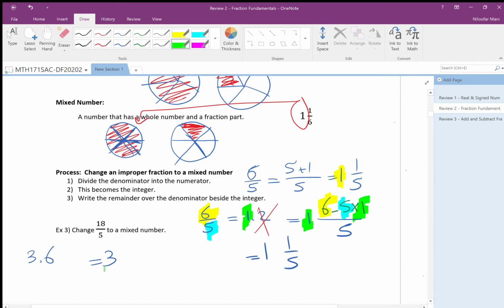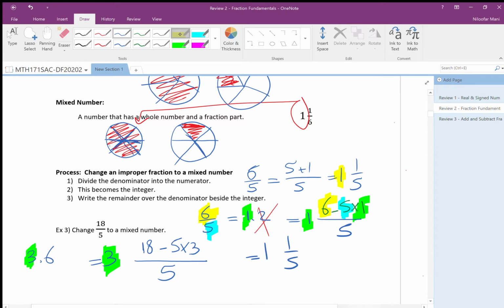And then I do 18 minus 5 times 3, divided by 5.